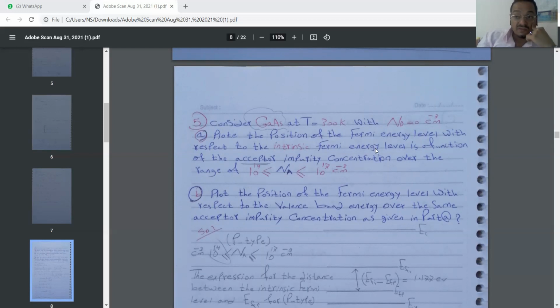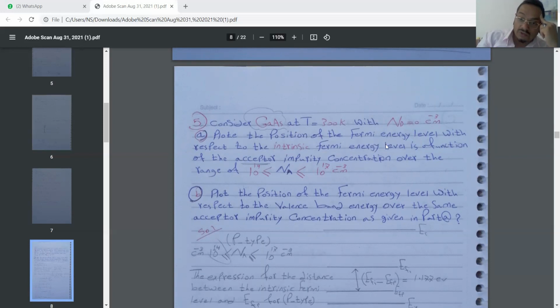Here, the intrinsic Fermi level, like I said in the last lecture, will be at the middle in any type, in p-type or in n-type, at the same position in the middle between the conduction band and valence band. Here we will face another difference from the last lecture.